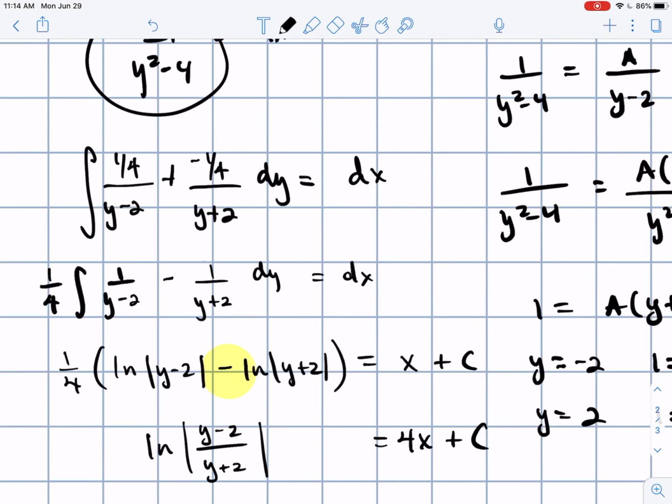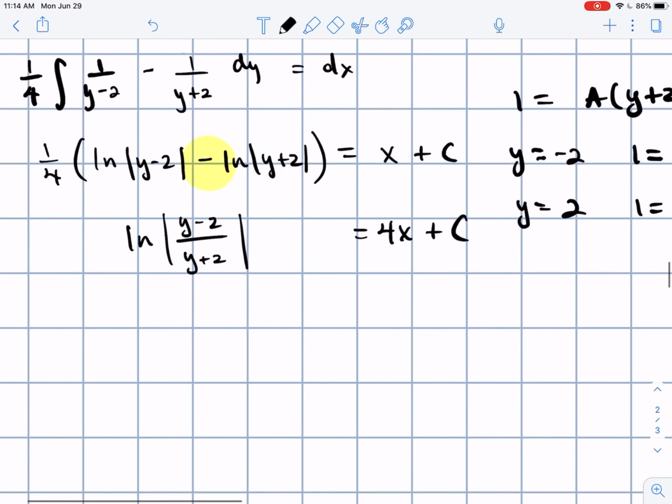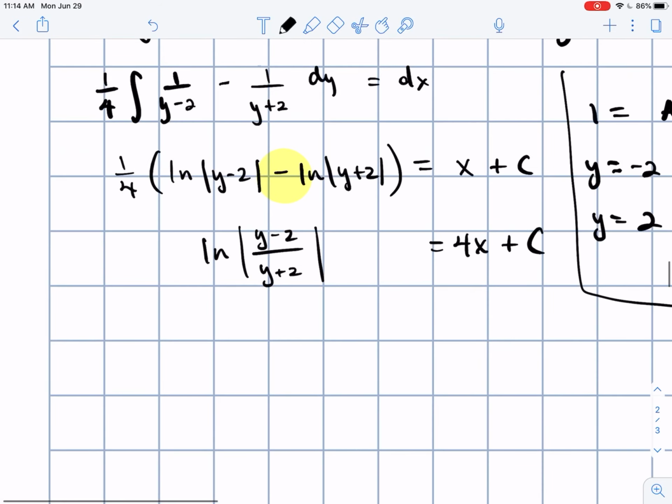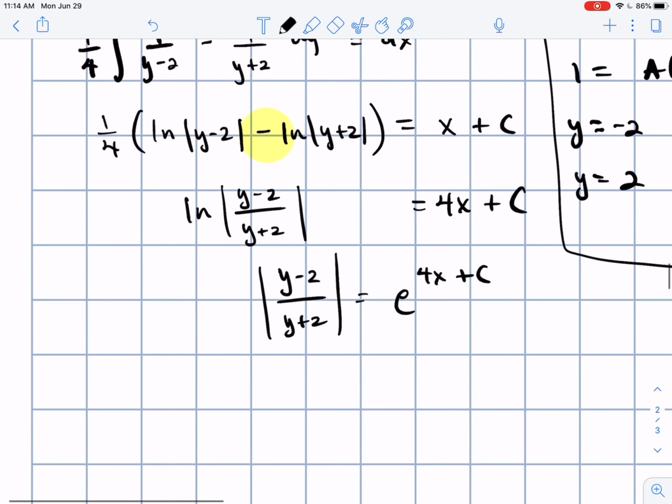Okay. And now how do we solve this? So again, going back to our rules, use e. So I'm going to get y minus 2 over y plus 2 equals e to the 4x plus c. So it'll look like that, which then means that you could bring down the c, because it's going to be e to the 4x times e to the c.